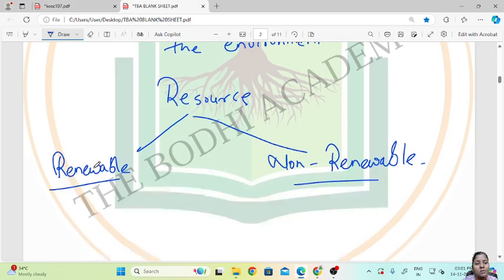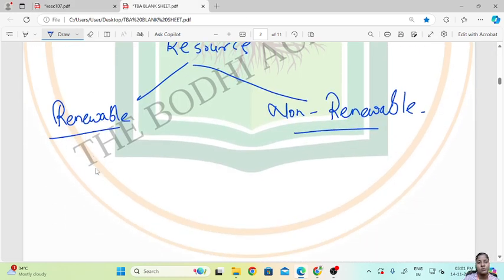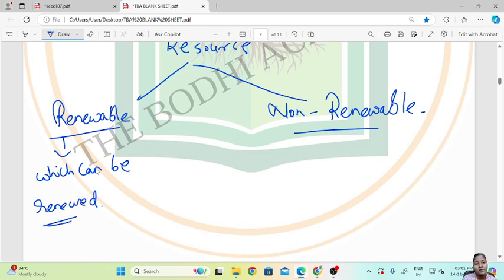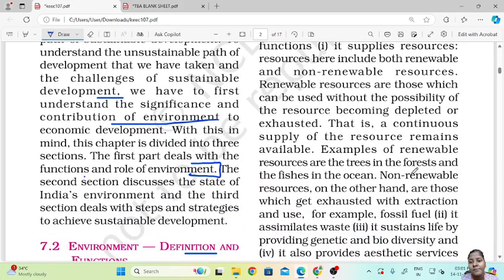Examples of renewable resources are trees in the forest and fish in the oceans.